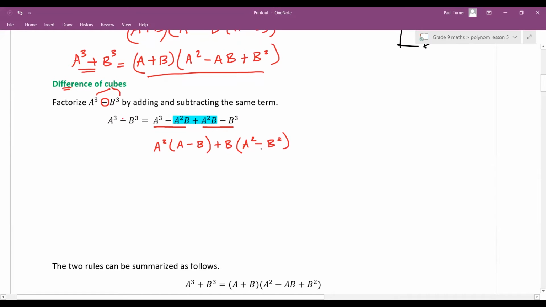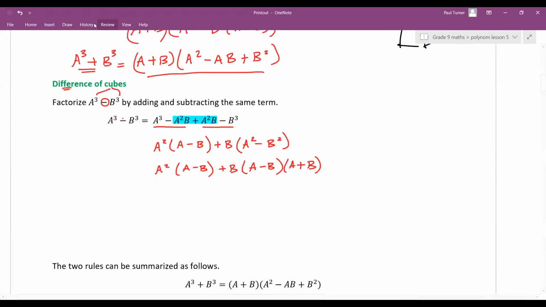So now you see that a squared minus b squared, we can factorize that. A minus b, plus b, and then this is difference of squares. So that's a minus b, a plus b from last week.